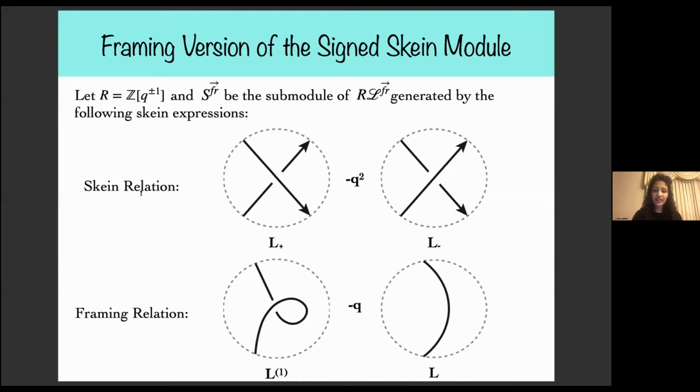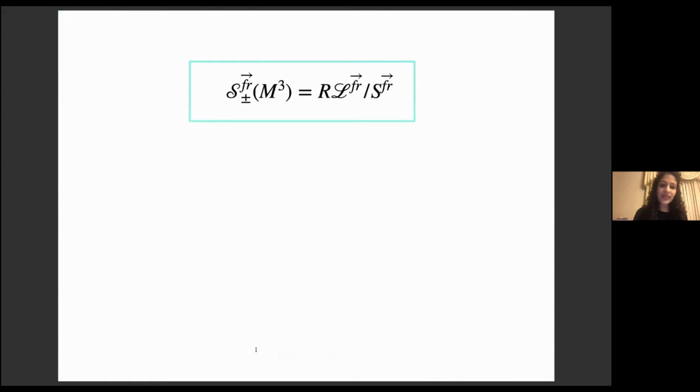The first Skein relation, which is L plus minus Q square L minus. And the second is the framing relation, which is L1 minus QL, and L1 is a link which is obtained from L by twisting the framing of L by one positive full twist. So once you mod out by this submodule, the result is the framing version of the signed Skein module, which we denote as S plus minus with F and an arrow on top.